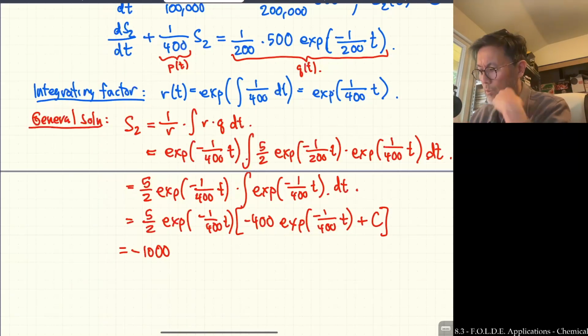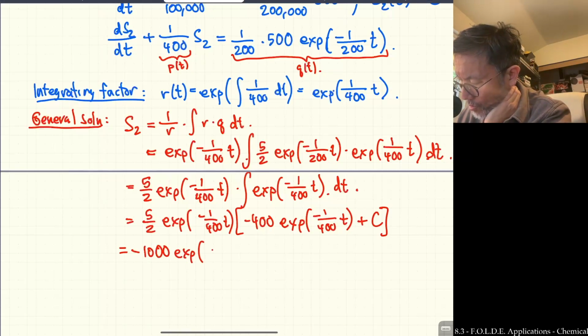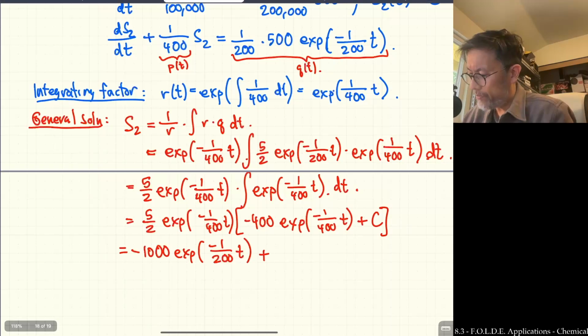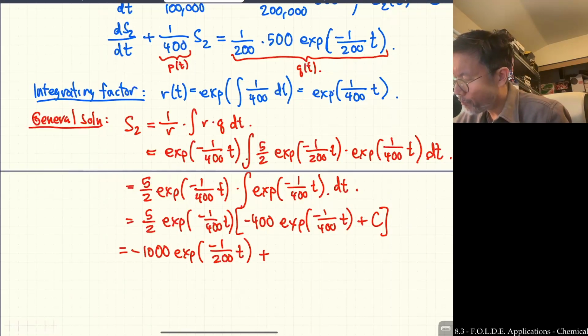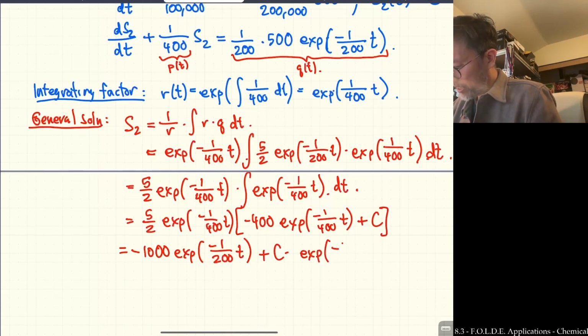Well, we add the exponents together, so we get negative 1 over 200 t. And then we push the other term to the plus c as well. The 5 halves and the c get married and become a c. The c just completely dominates it. And then we have c times exp of negative 1 over 400 t.